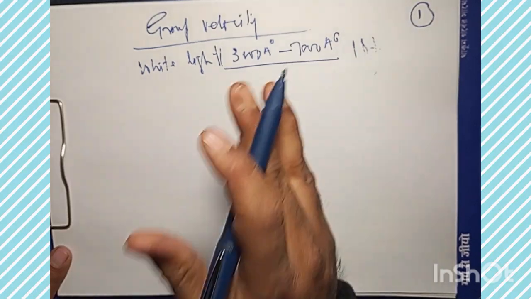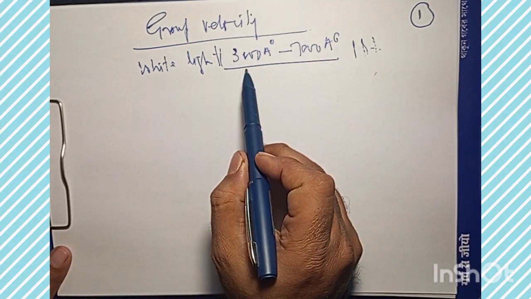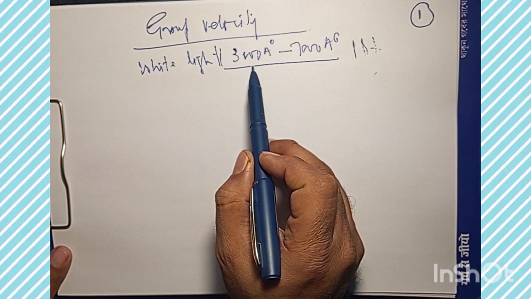And this is the velocity with which this slowly varying envelope moves.